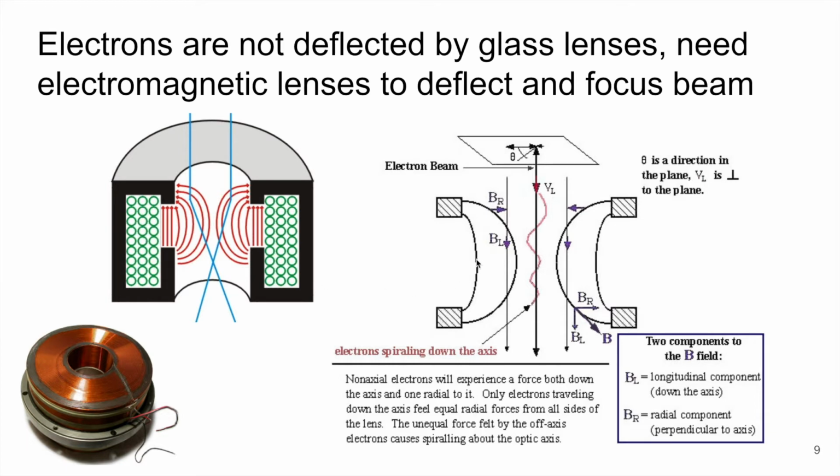And so basically you have magnetic field components here, B, so that's what we use to describe the magnetic field.